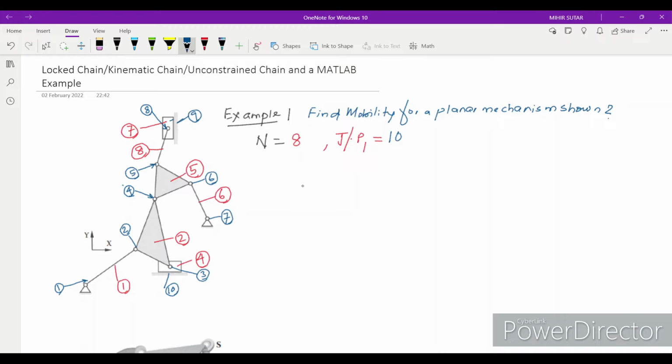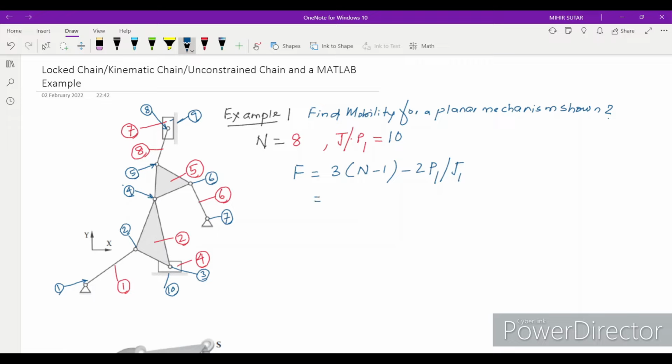In our planar case, the mobility, or you can say degrees of freedom, F is expressed as 3 into (n minus 1) minus 2 P1, or let's say J1, joints or pairs having 1 degree of freedom.